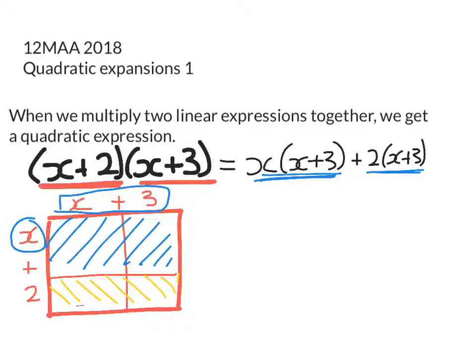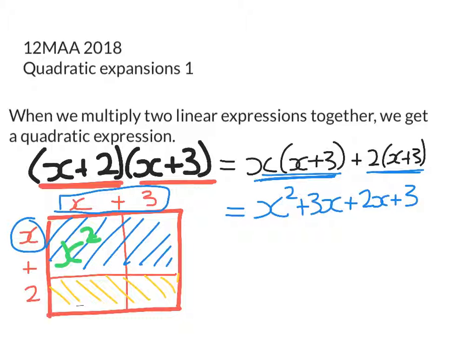Now we can break those up into 4 separate areas, and this is done when we expand each pair of brackets. So we've got x squared plus 3x plus 2x plus 6. And we can write those in on here. You can see there's my x squared.